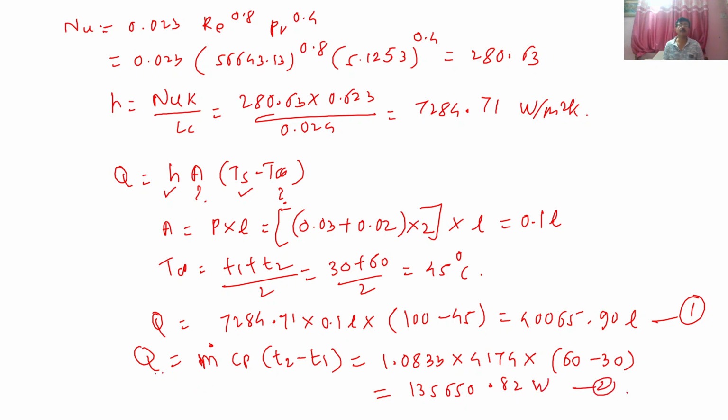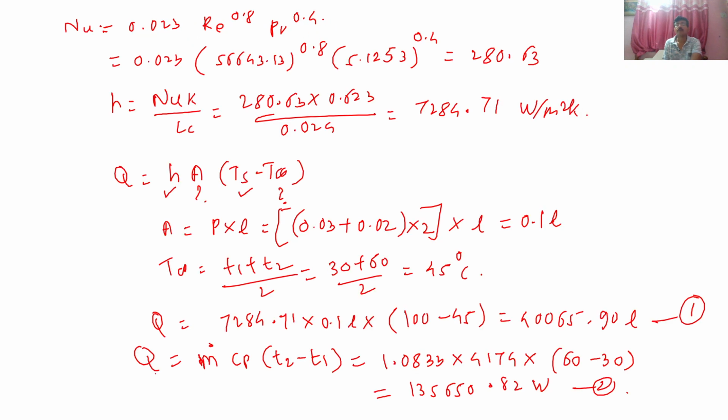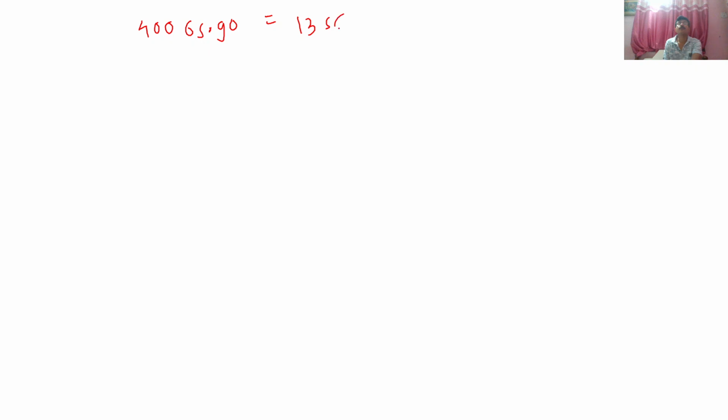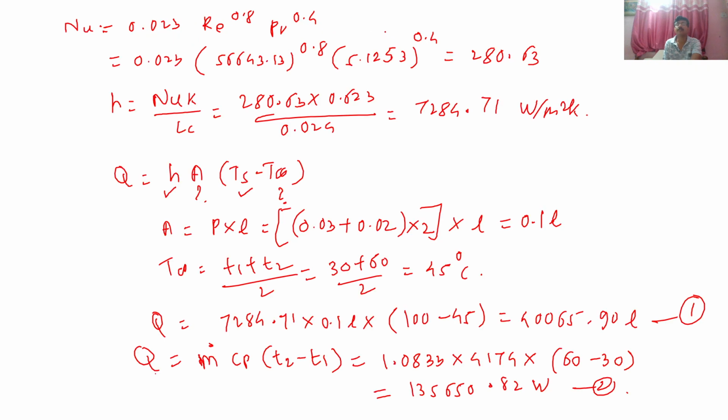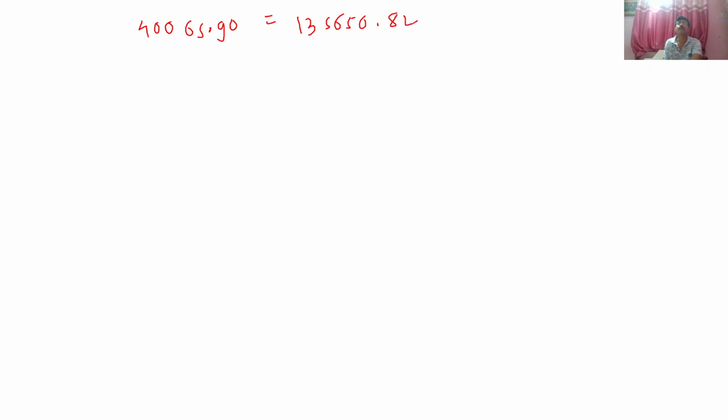Now I got the value of Q. So equating 1 and 2, I get 465.990 equal to 135650.82.